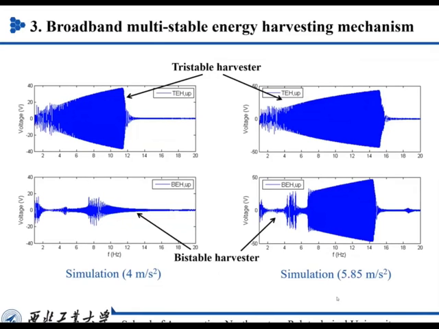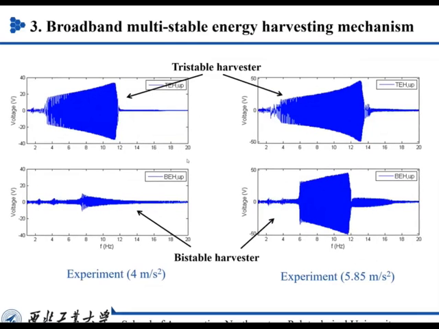And when the excitation level increases, both the bistable and the tristable one can work well. That means the tristable energy harvester with a slower potential well may work better at low excitation levels. This was verified in experiment. We can find the experiment result.